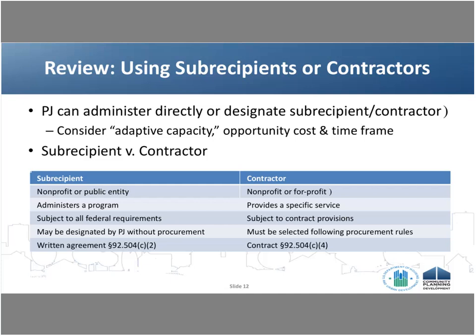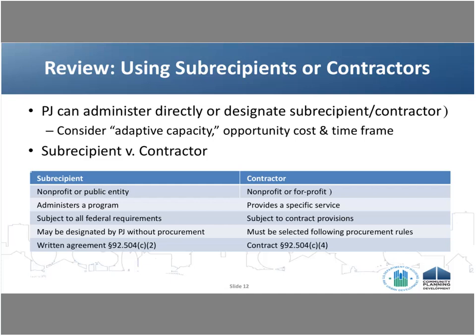Unlike subrecipients, they do not have broad administrative policy or authority, and they're not subject to all the uniform federal requirements automatically, but they can really only perform the specific services that you have specified for them in a written agreement. And you see there the written agreement section for contractors is in 504(c)(4).